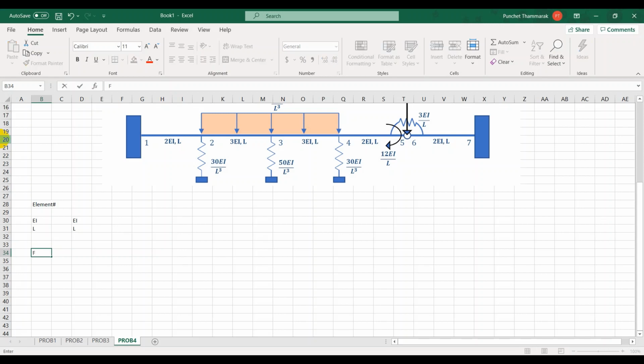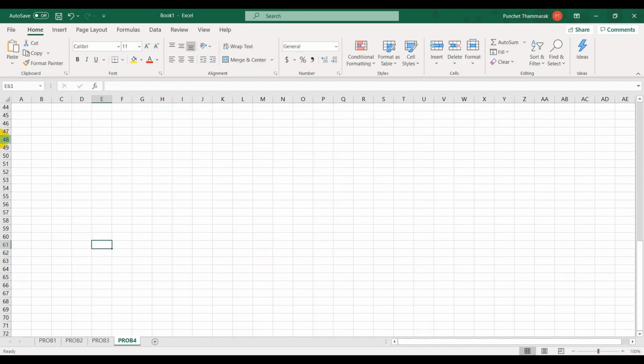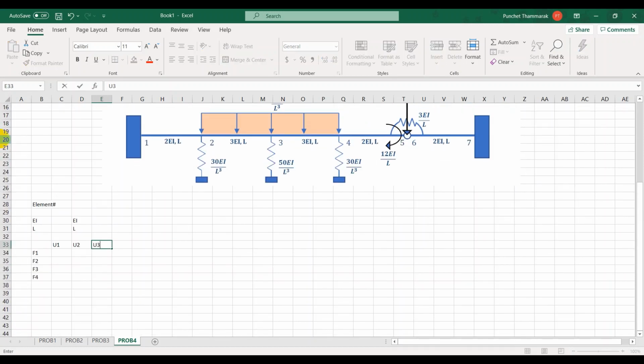So we're going to have F1, F2, F3, F4, U1, U2, U3, U4. There you go.